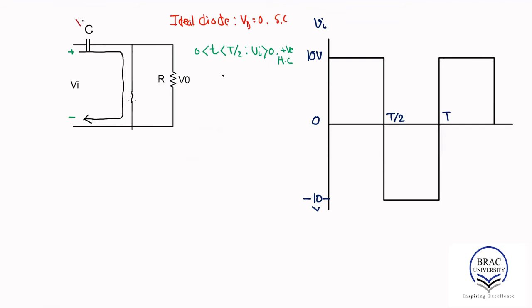Let's call this voltage Vc. The Vc polarity should be selected like this, plus, minus. How? The terminal through which current is entering should be our positive terminal, and the terminal out of which the current is leaving is our negative terminal. So this is how we have decided on the polarity of the capacitor.